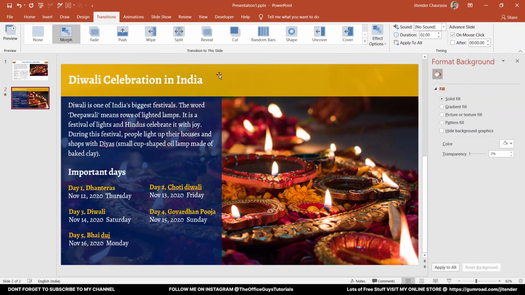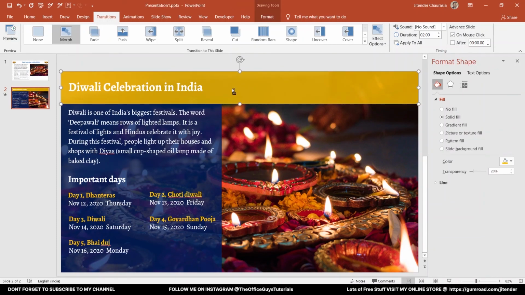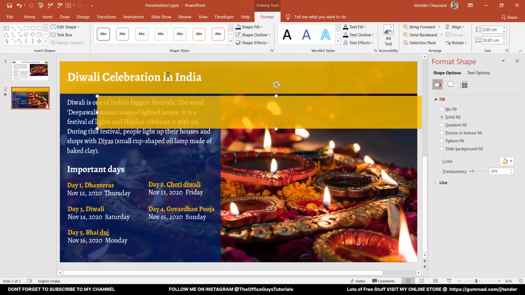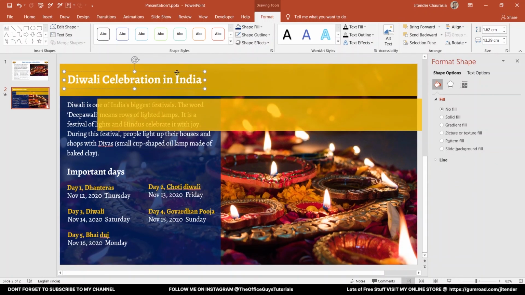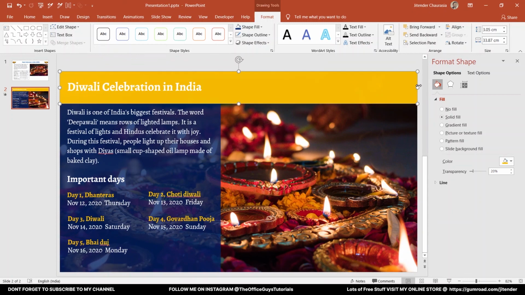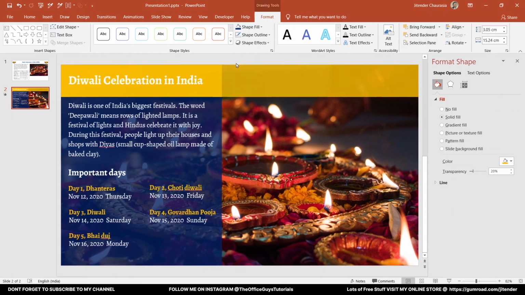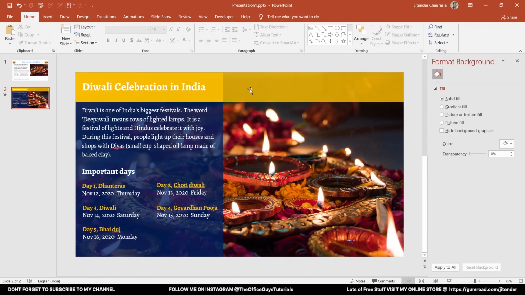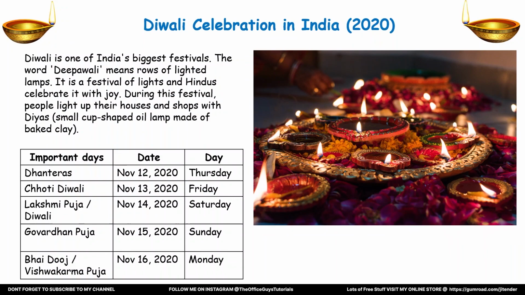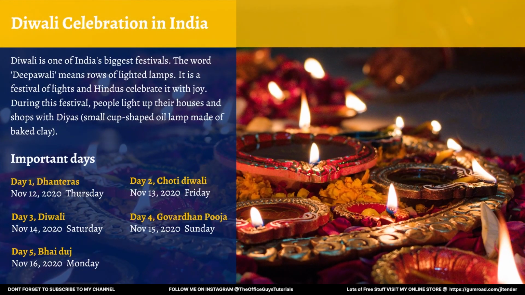Let me do one more thing: press Ctrl C and V, bring this text to front, and place it back there, and keep it like this. Now it gives us the block feeling, so it looks even nicer. Once again, how it was previously and how it looks now.